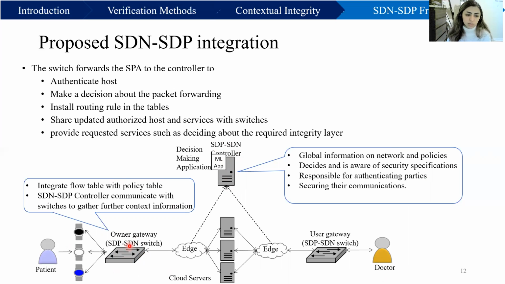We integrate the flow table with the policy table in the controller, and now we have global information because of the SDN, and we have the security policies because of the SDP. It decides and is aware of security specifications because it has a software-defined perimeter. It's responsible for authenticating parties, and it will secure the communications, for example, using TLS.